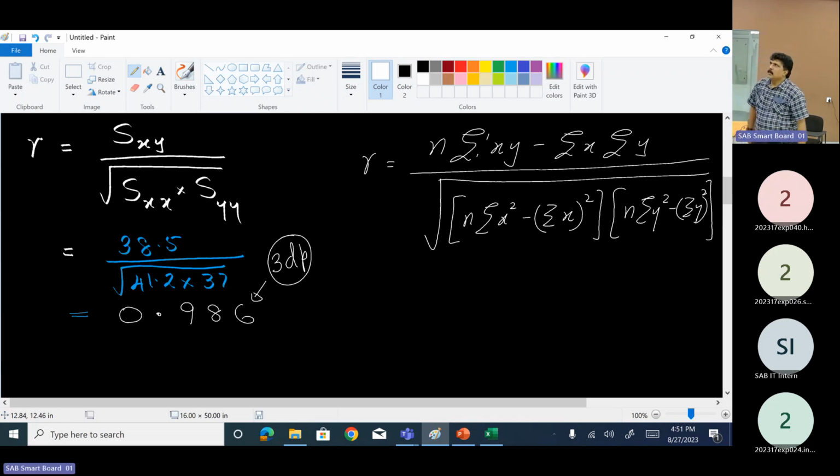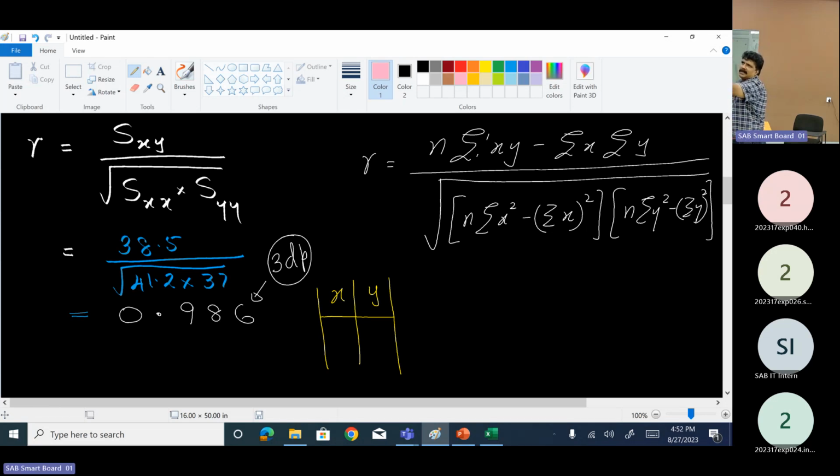Right. So we have 2 columns, x and y. Now, if we are going to use this formula, what are the other columns we need?